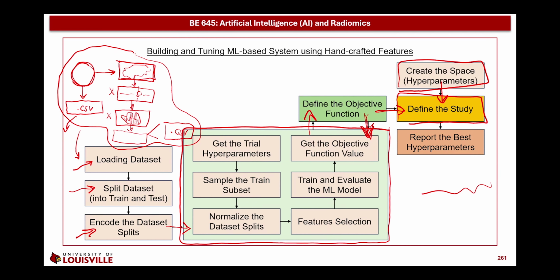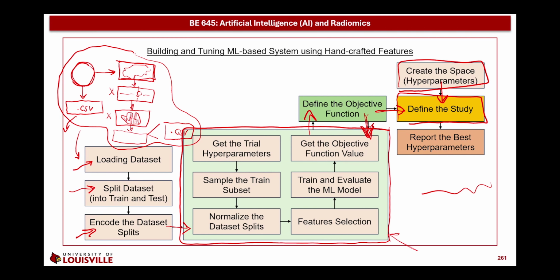What's done inside this study, for example, if you are using the Optuna framework for hyperparameter optimization? In this study, it will get the combinations, and for each combination, it will execute the objective function, which is the black box here, and it will then receive the output, which is the performance.